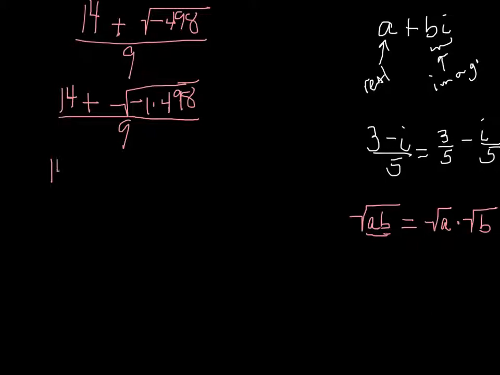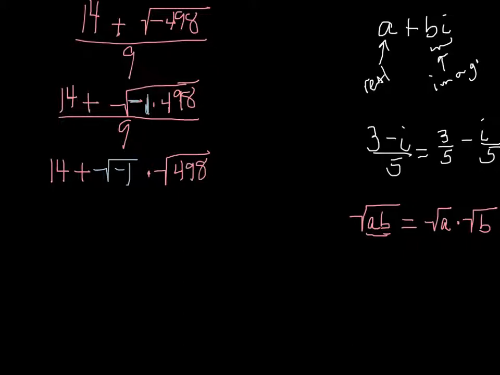So we have 14 plus, and since we have those two factors underneath the negative 1 and then the 498, we're going to break that up even further, and I'll use different colors here. I'll put the negative 1 in the blue just so you can see that this is the square root of negative 1, and then we're going to multiply by the square root of 498, okay?